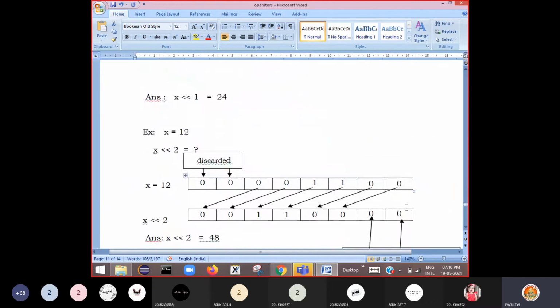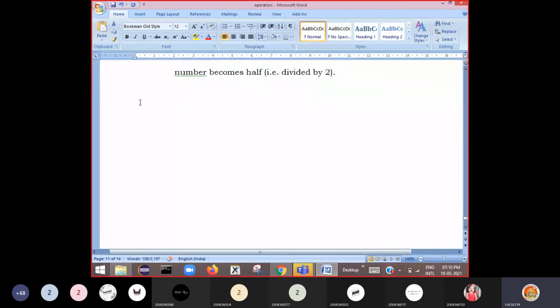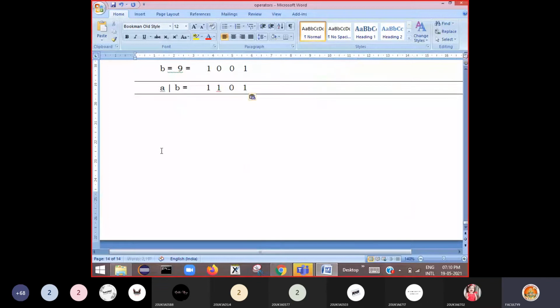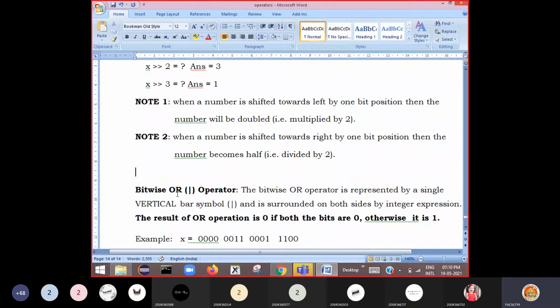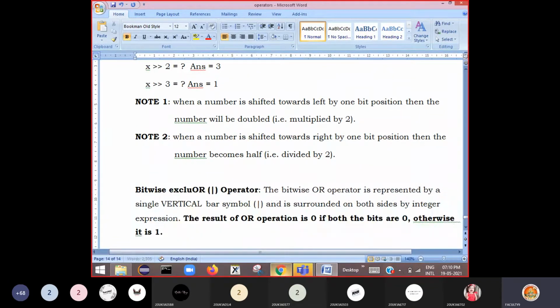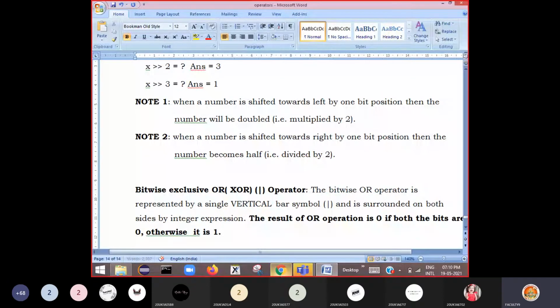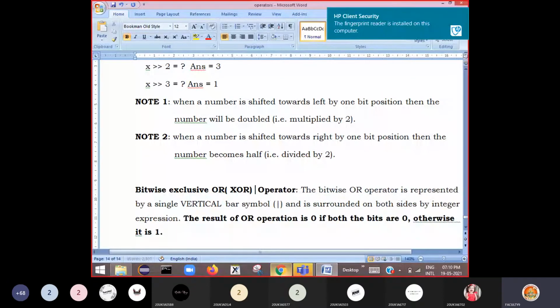The next operator we'll talk about is the bitwise exclusive OR operator. In short, we write it as the XOR operator, exclusive OR operator.